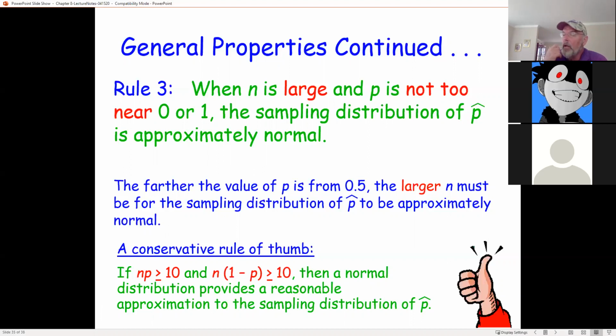And that's what we're thinking about in this particular case. Okay, so those are the assumptions that go along with proportions. Questions about that?